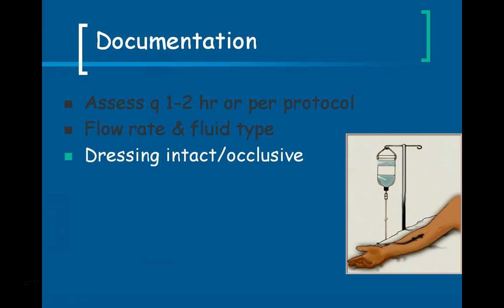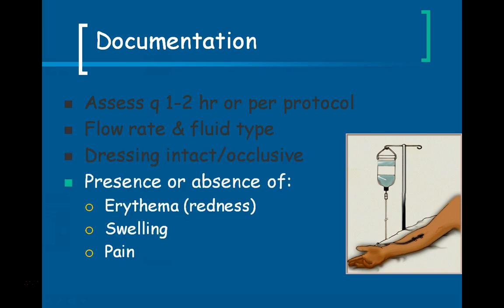So dressing intact, dressing occlusive, same thing. And the 3 cardinal signs and symptoms that we're looking for are erythema or redness, swelling, and pain. So with our documentation, we want to show the presence or the absence of those 3 things.